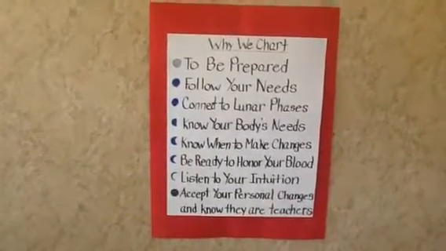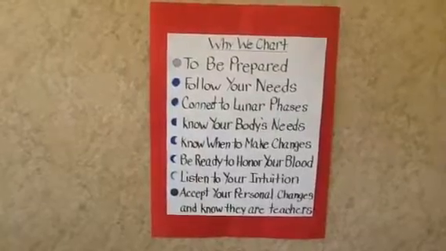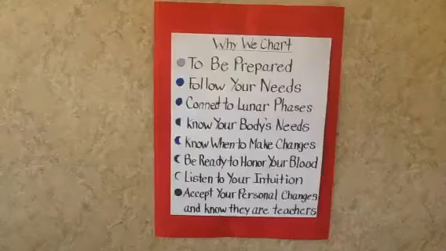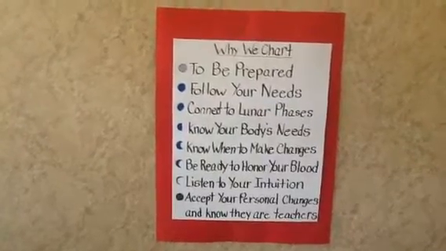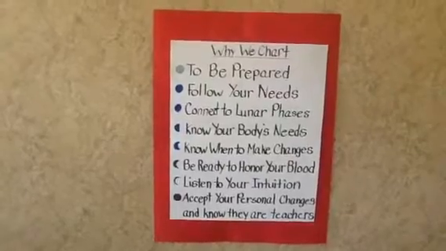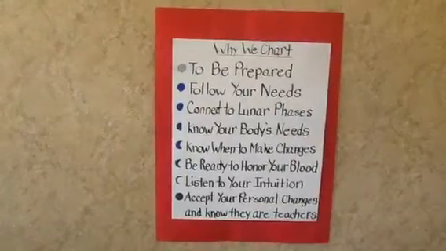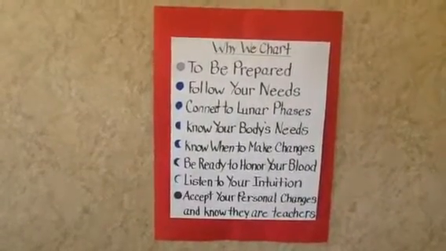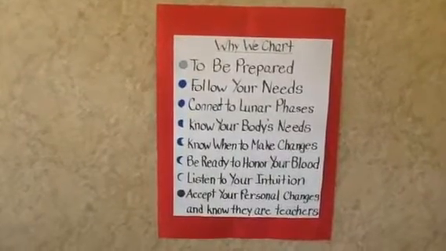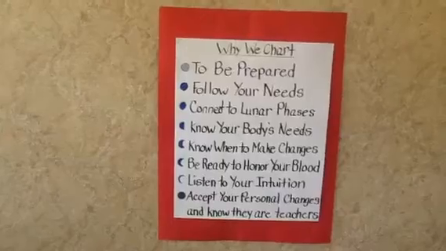Know when to make your changes, and know when to be ready to honor your blood. What is this irritation? Is it the beginning of your moon time on her way, or is there something else happening? It helps you to know that every time, 3 days before your moon time arrives, maybe you do feel irritated.